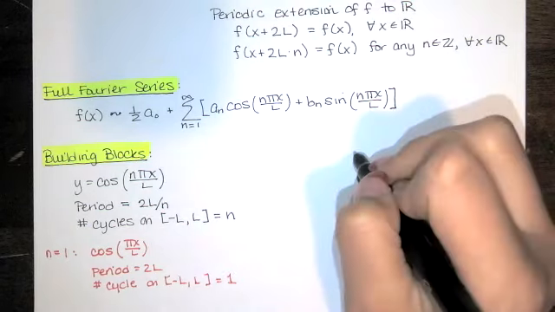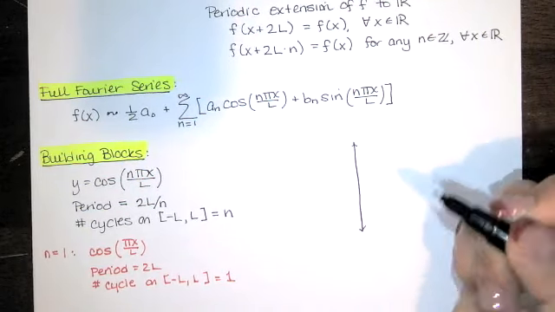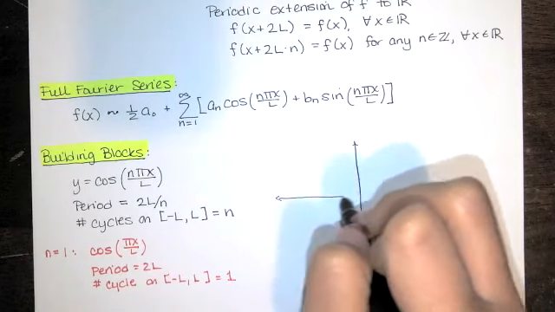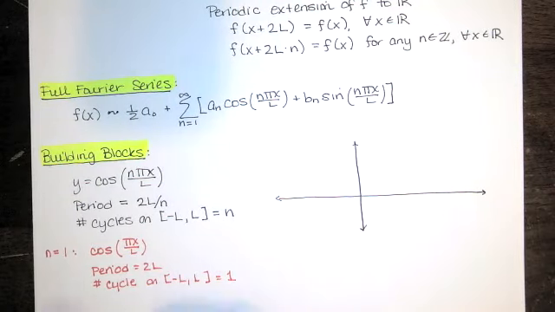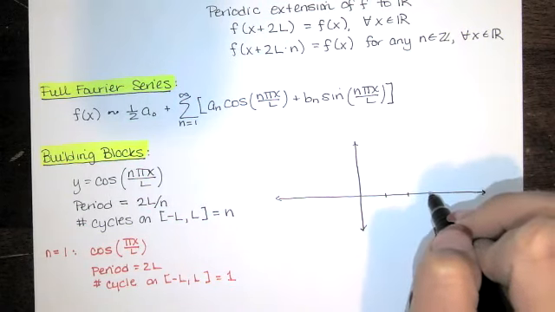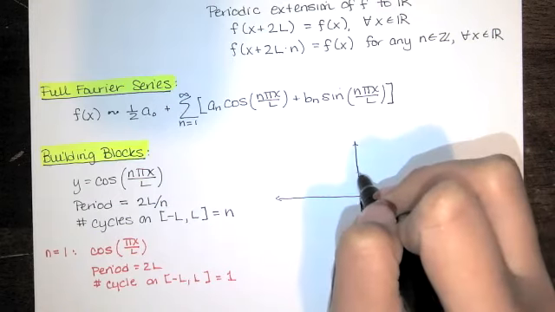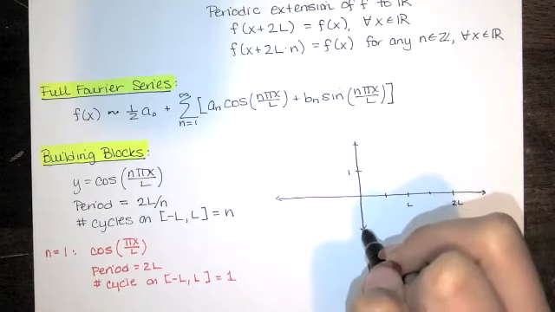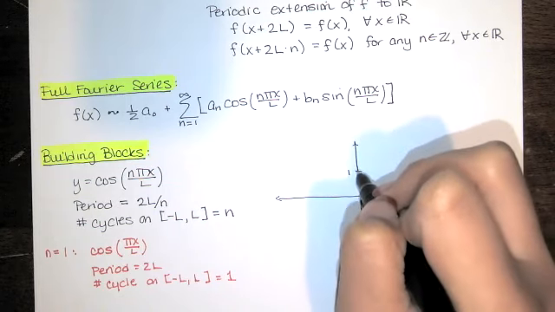Most of the time when we draw a cosine function, at least in a trig class, we would draw it on the interval from 0 to 2 pi. Or if the period was 2L, we would draw it on the interval from 0 to 2L. So we'd start over here at 1, then a fourth of the period later, at L over 2, we get 0.